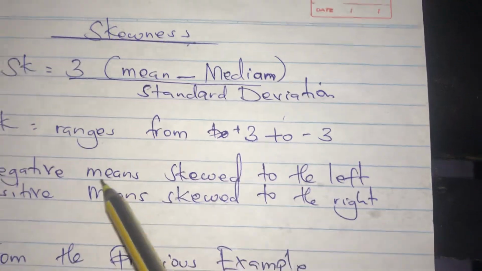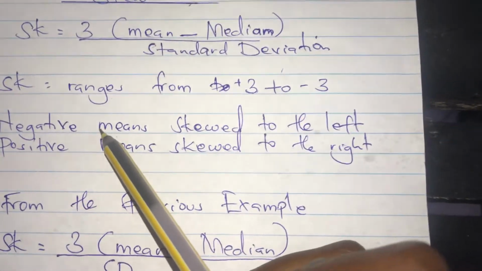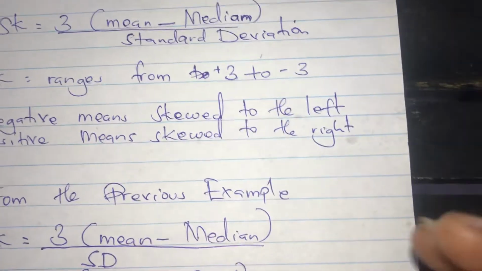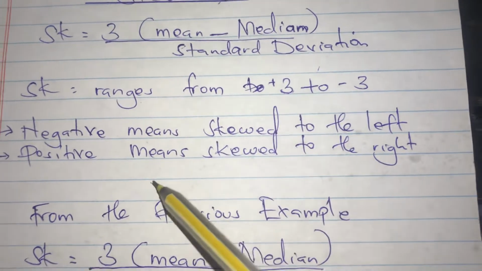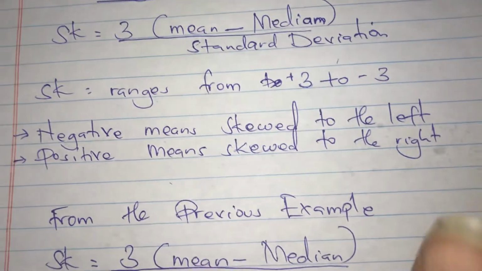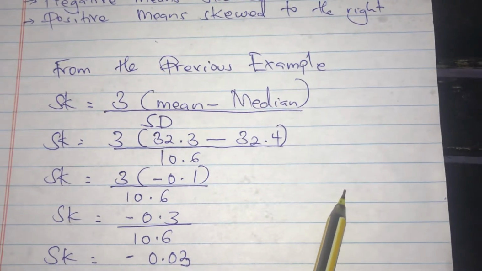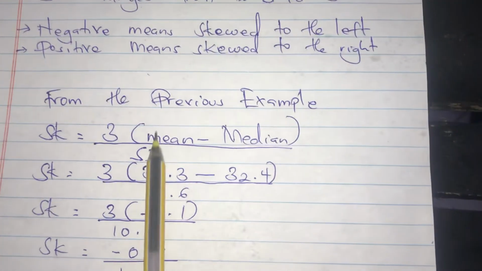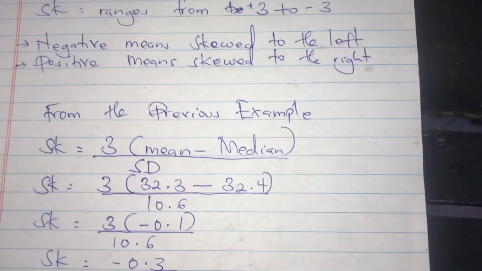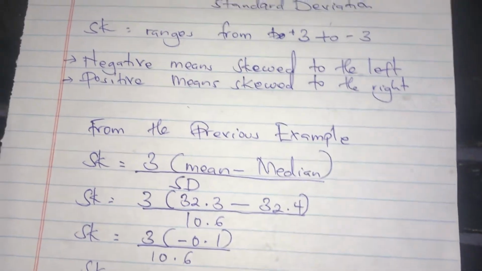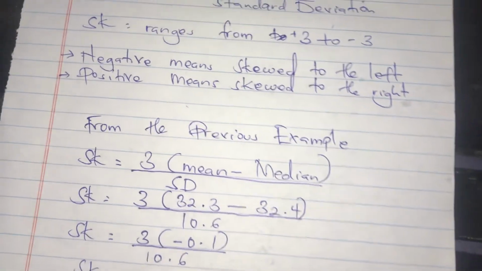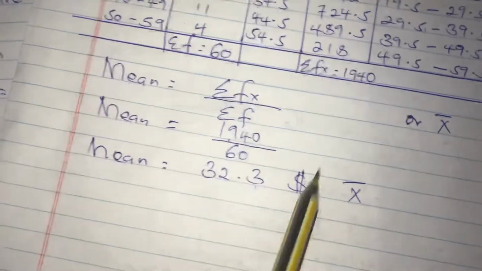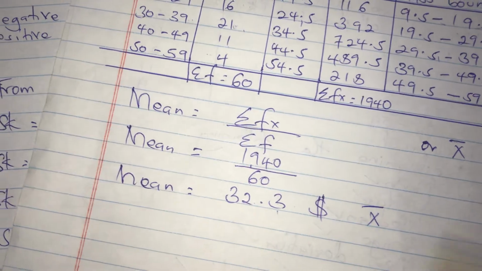Negative means that the data is skewed to the left. And positive means that the data is skewed to the right. From the previous example, let's get it from the previous example and we calculate. This is the formula, and from our previous example we had the mean, and our mean was 32.3.